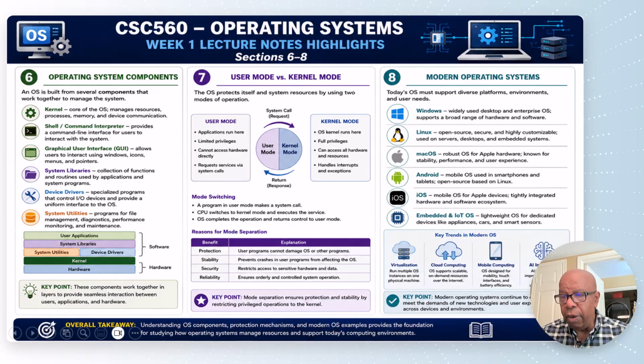Here at the bottom, we're talking about applications, which is what we're writing, telling it what we want to do. With that, we're probably going to have to access system libraries, which have different types of information or standard routines that we need in order to do something. We have the device drivers. If I'm working on a printer, I'll have a driver that interfaces between the printer and the operating system so they can communicate.